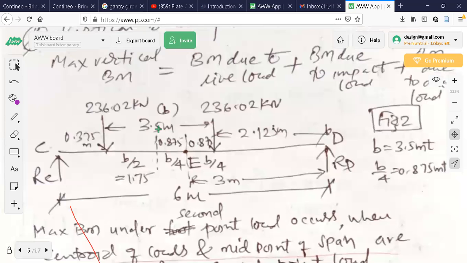Distance between one front and one back wheel of the trolley is not given in the problem. It may be 3.5 only. We don't know that. They have given the center to center distance between the two rear wheels. Are you following what I'm telling?